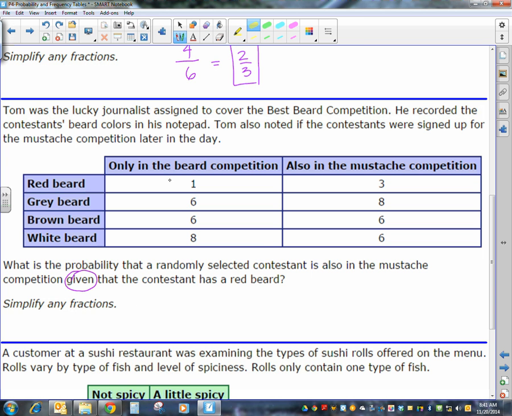So given that he has a red beard is these right here. And of those, so that's my bottom number, 3 plus 1, which is 4. And I want to select a contestant who's also in the mustache competition, which means I'm looking for these out of those that I highlighted. So my answer is going to be 3/4.